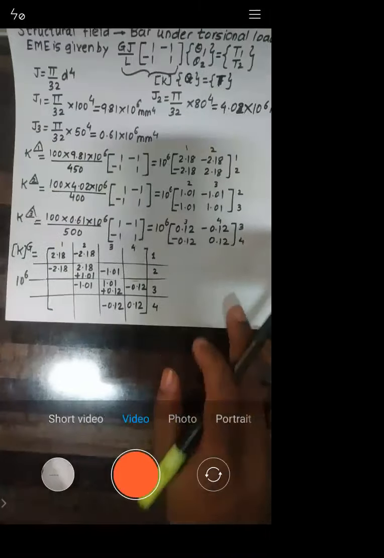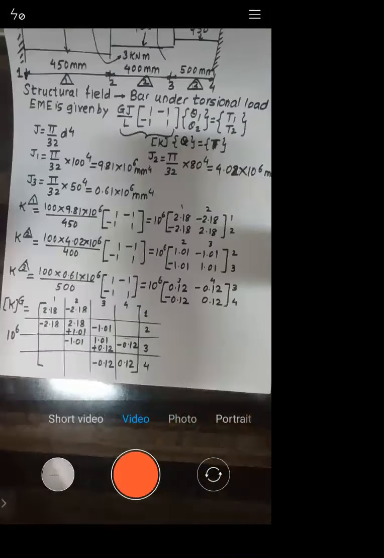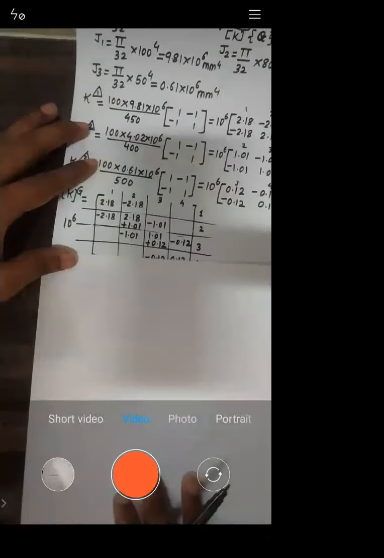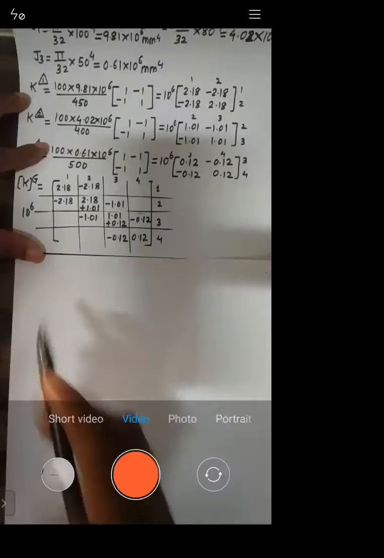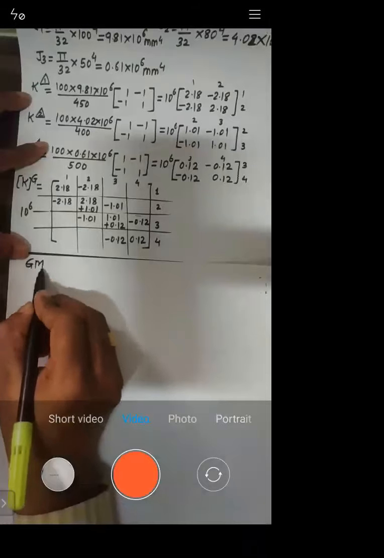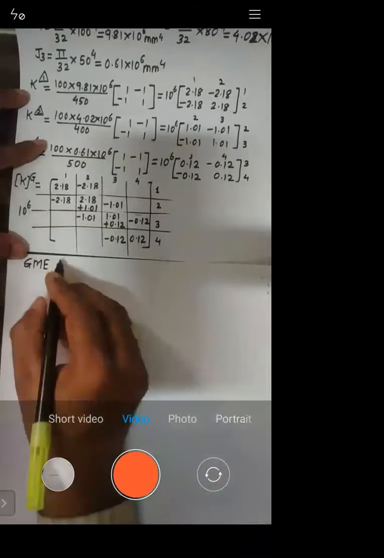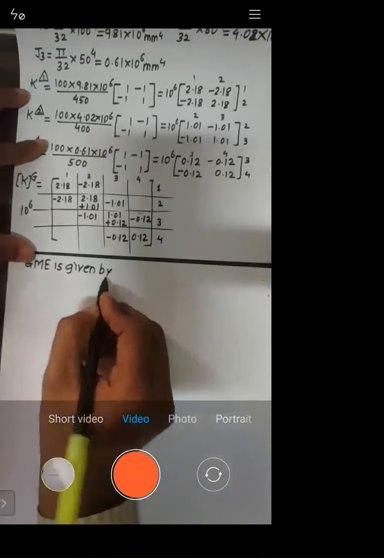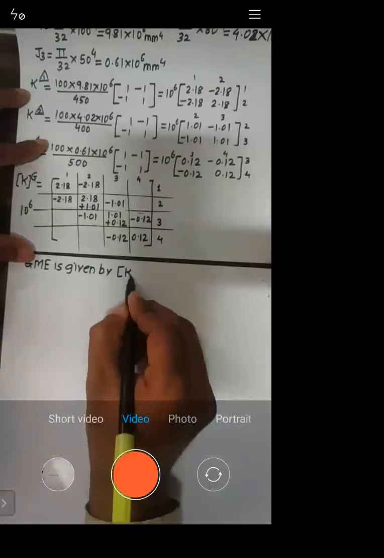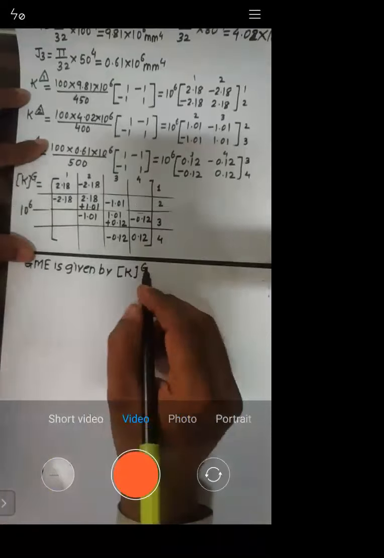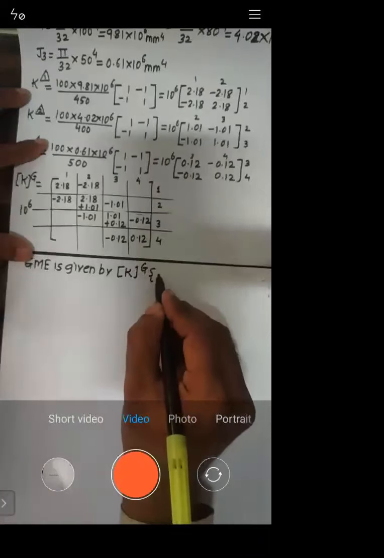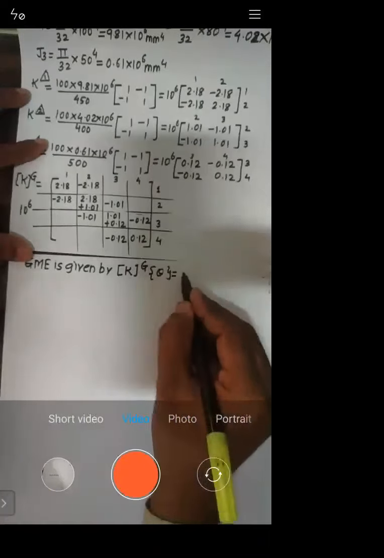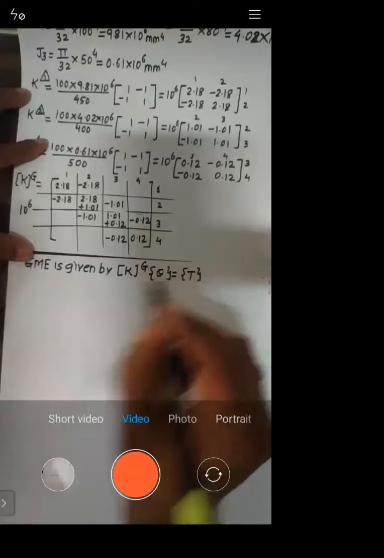Now we need to write down the GME, the global matrix equation. How will we write it down? For the global matrix equation, you have the global stiffness matrix multiplied by displacement, which is given by torque.